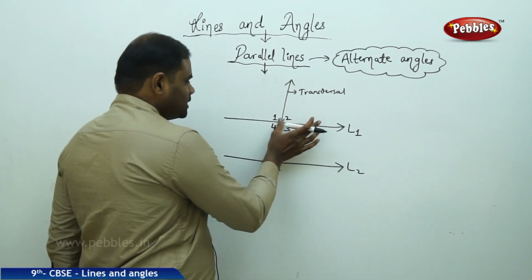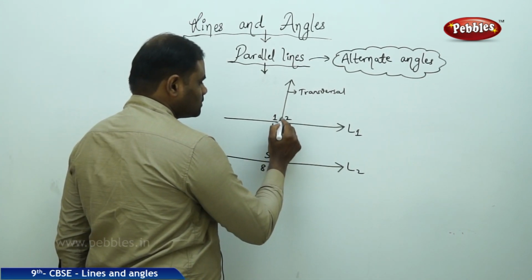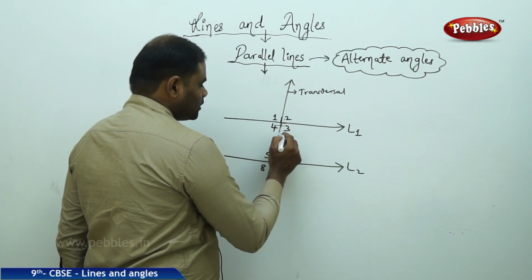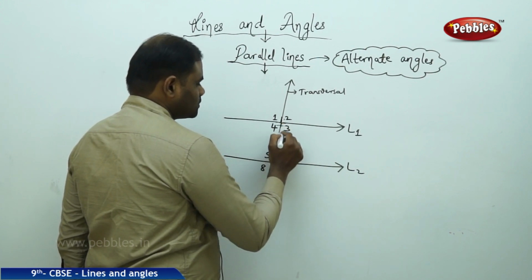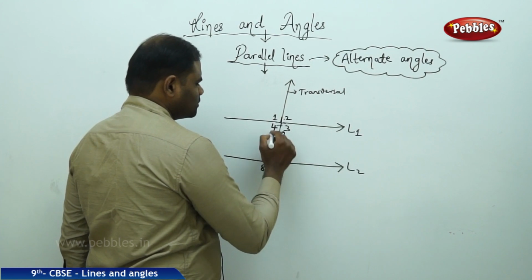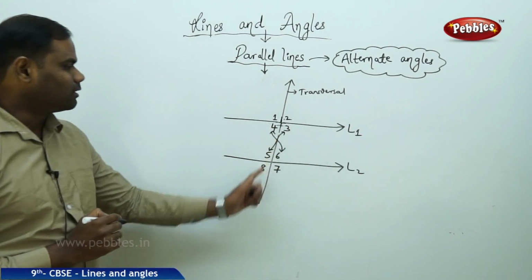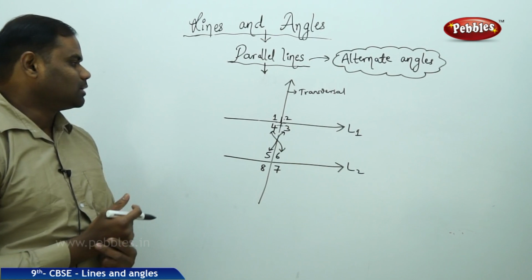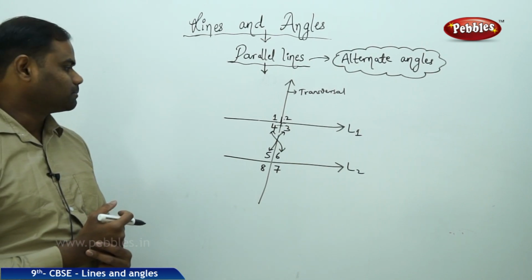So this is alternate to this and this is alternate to this. So 3 and 5 are alternate, 4 and 6 are alternate to each other.